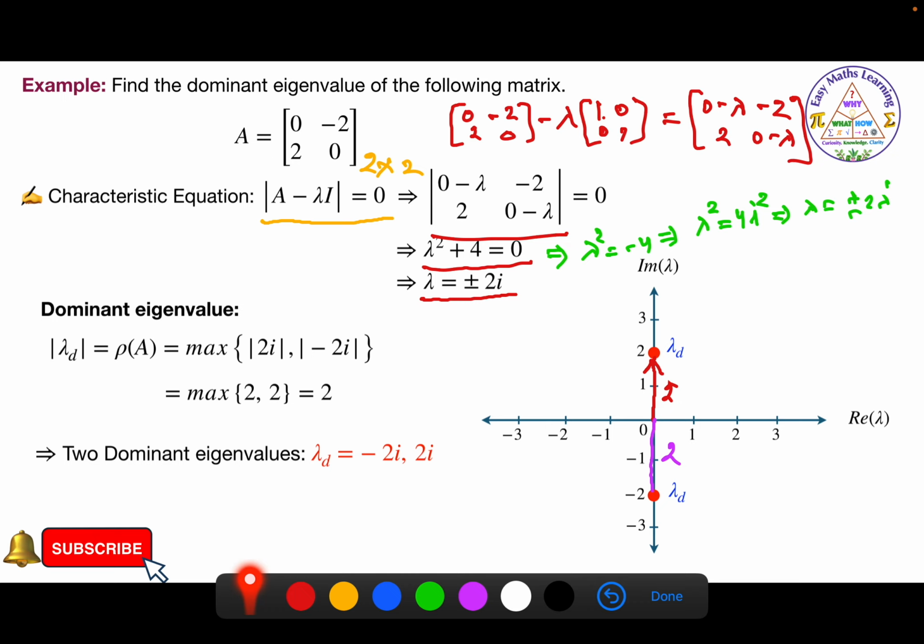So here we have two dominant eigenvalues, both equally distant from the origin. Finally, we can say the dominant eigenvalue is the eigenvalue with maximum magnitude.